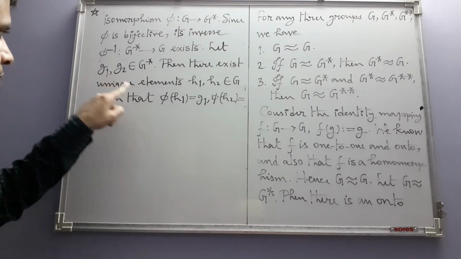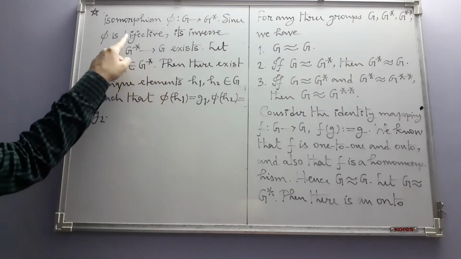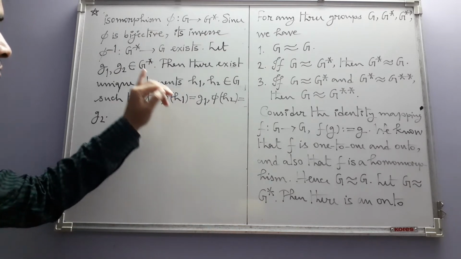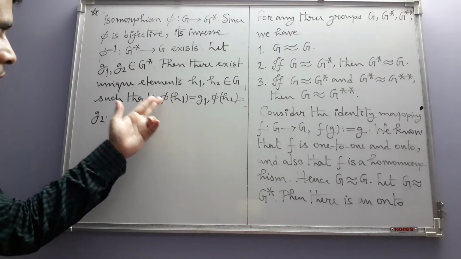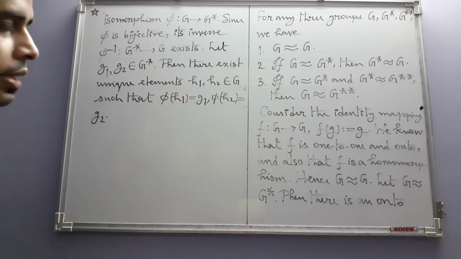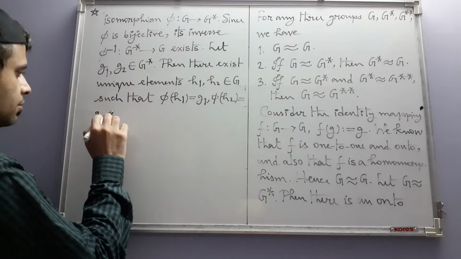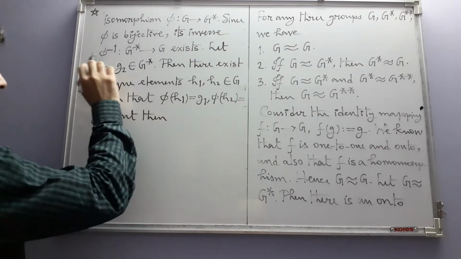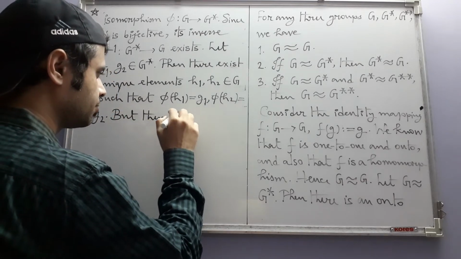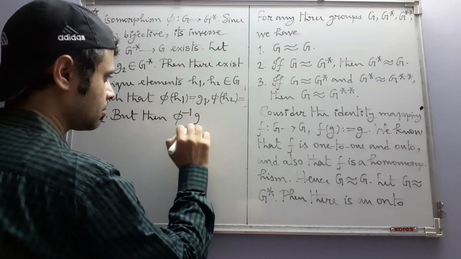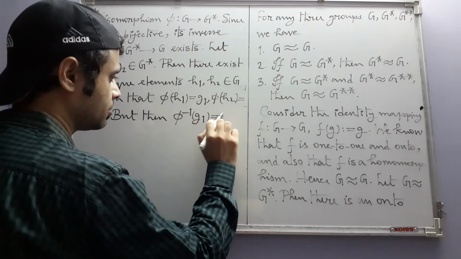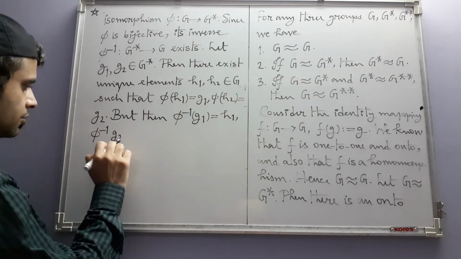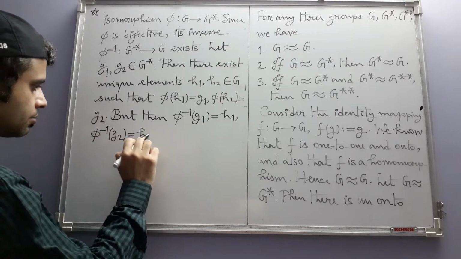For G1, H1 exists because phi is onto, and H1 is unique because phi is one-to-one. That's how we have the existence and uniqueness of H1. But then, by the very definition of this inverse function, phi inverse of G1 is equal to H1 and phi inverse of G2 is equal to H2.